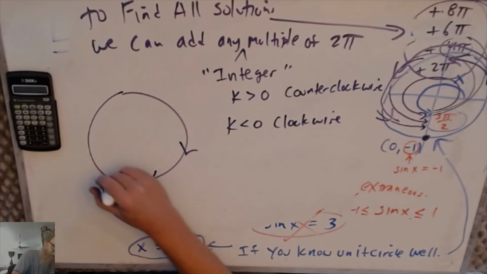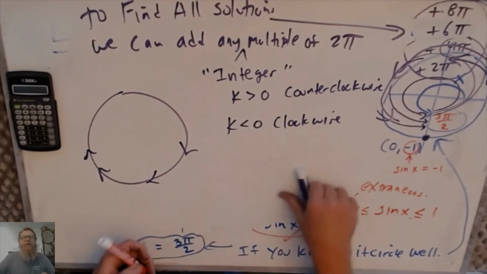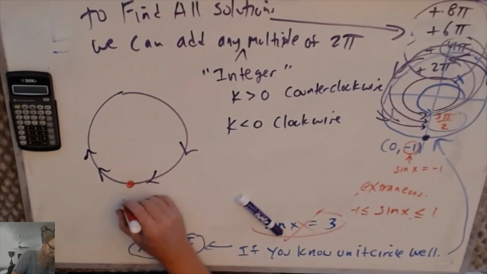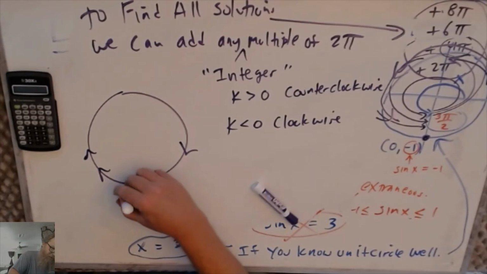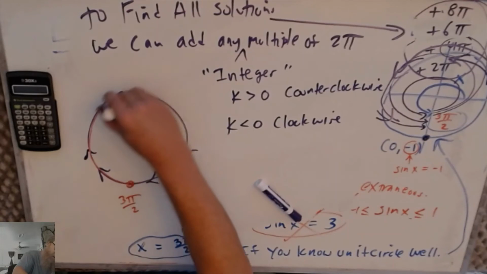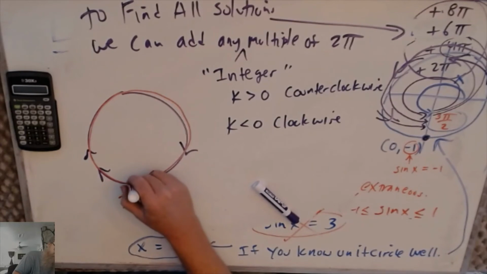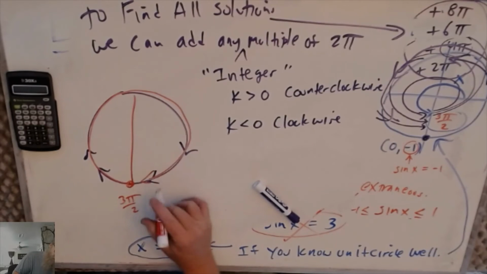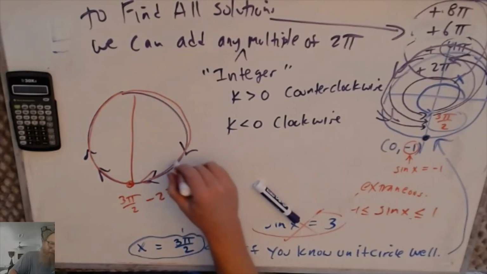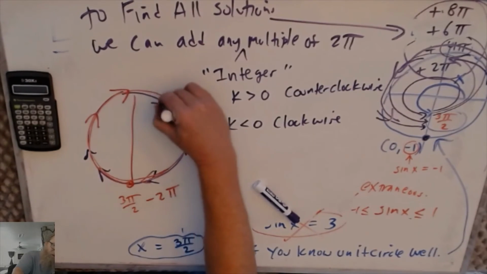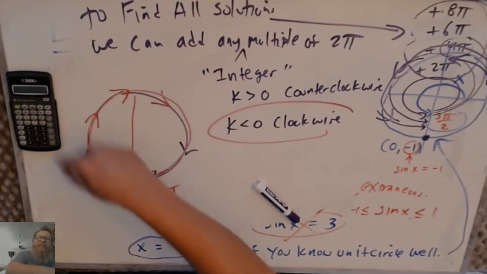So you're starting down here at 3 pi over 2, and then you can go minus 2 pi. Again, you're going clockwise. Clockwise is negative.